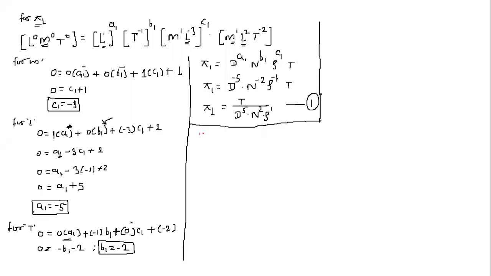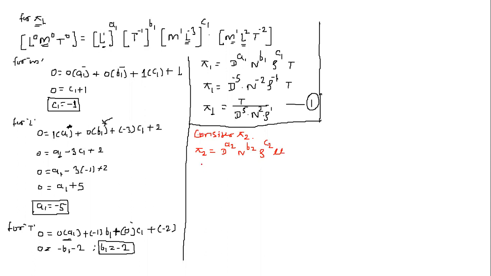After this we have to consider the pi 2 term. Okay, so we'll consider now the pi 2 term. For pi 2, I would like to go firstly for the functional relationship which we have written there. So pi 2 is equal to the repeating variables as it is, d raised to a2, n raised to b2, density raised to c2, into the mu.